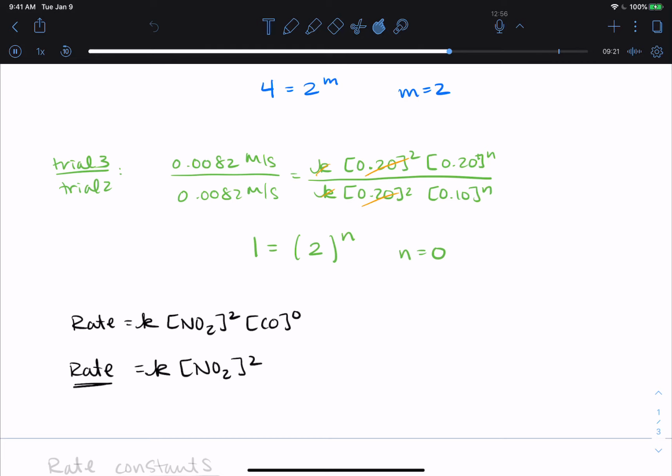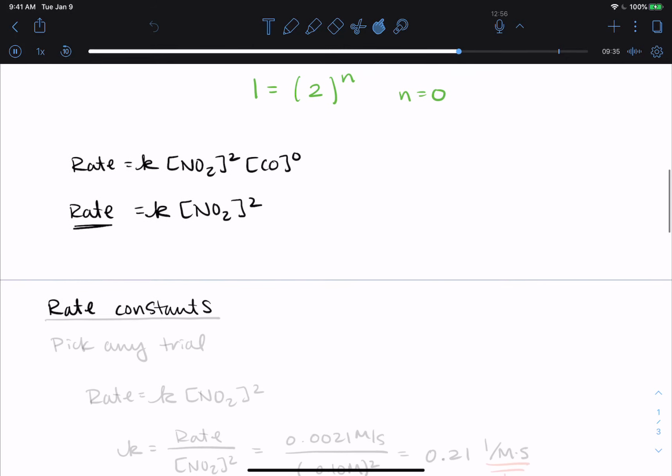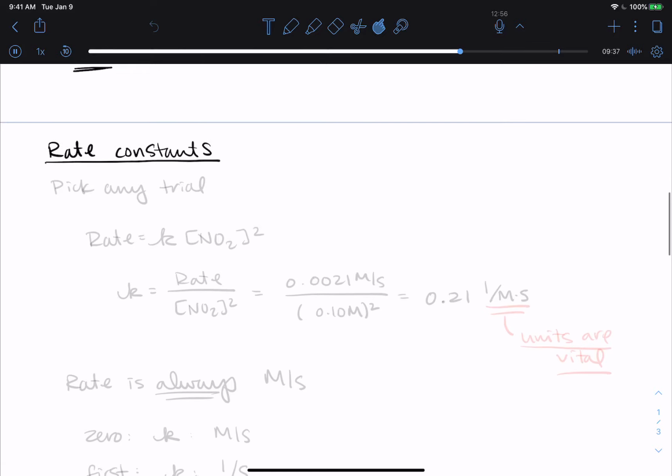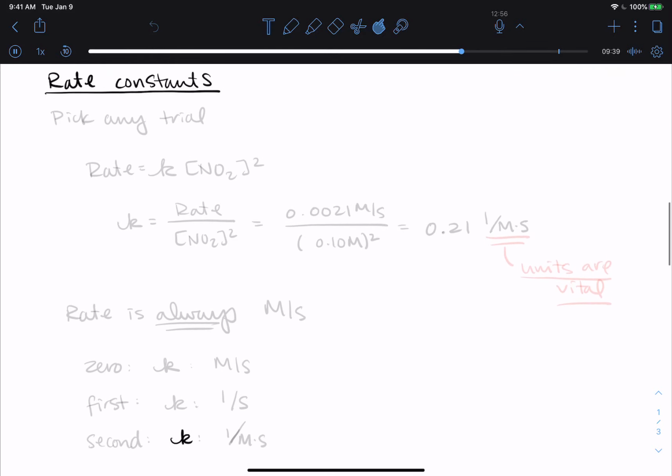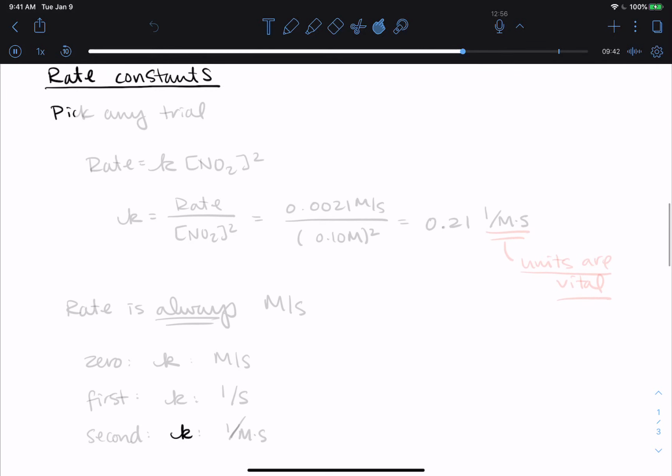Now that we have an actual rate law for a real reaction, you can calculate the rate constant. So that is what we're going to end this video with, is talking about rate constants. And what we will do is pick any trial.